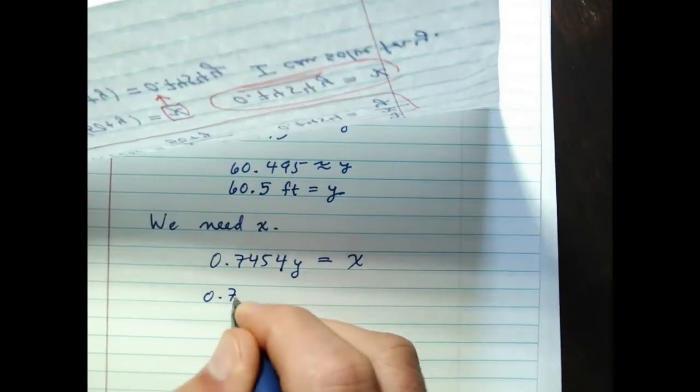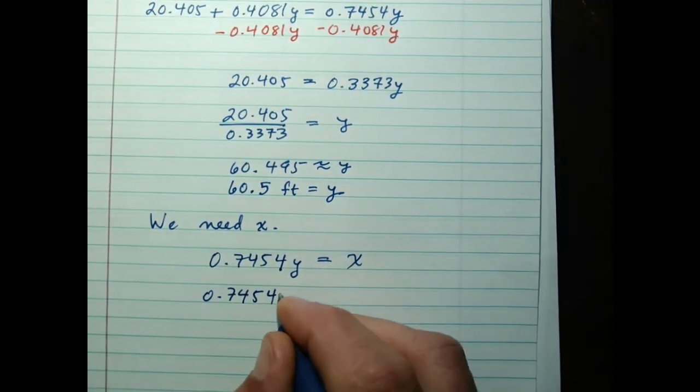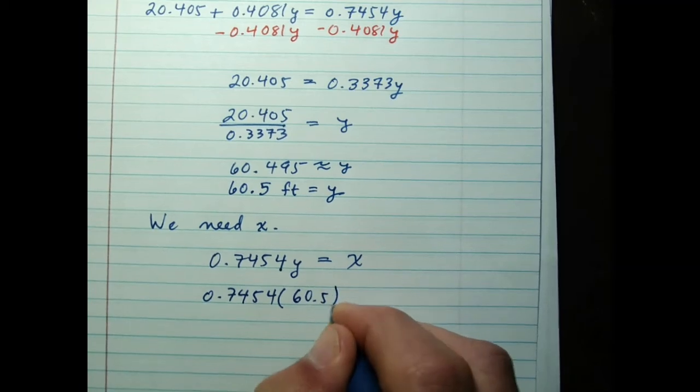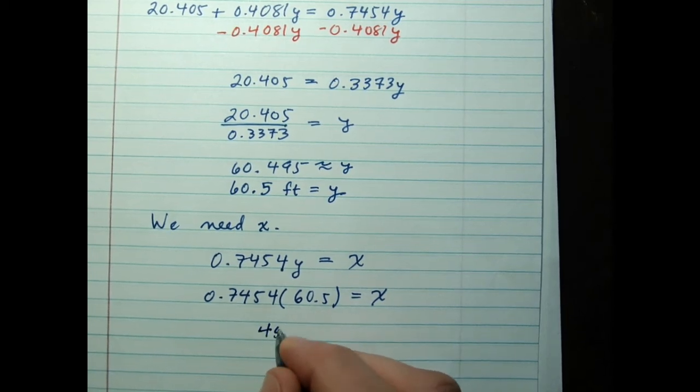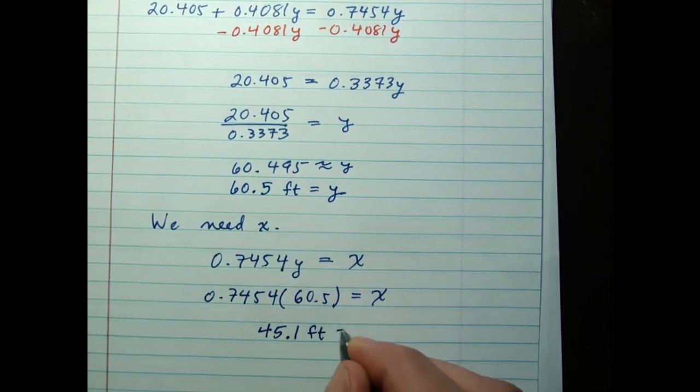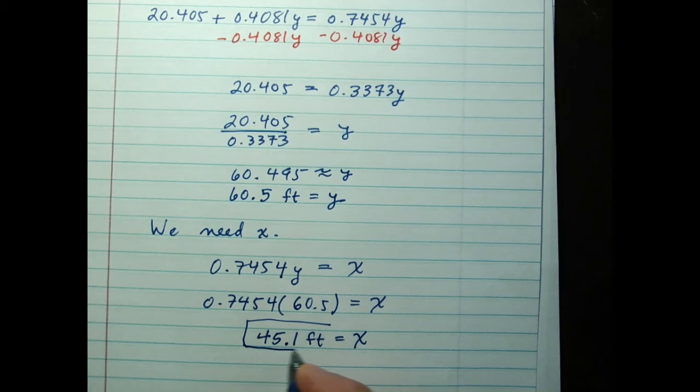So 0.7454 times 60.5 is equal to x. And I get about 45.1. Again, I'm going to round off at one place. There's the height of the tree.